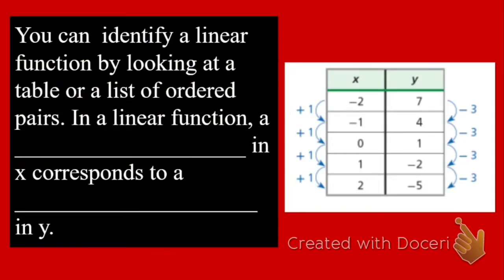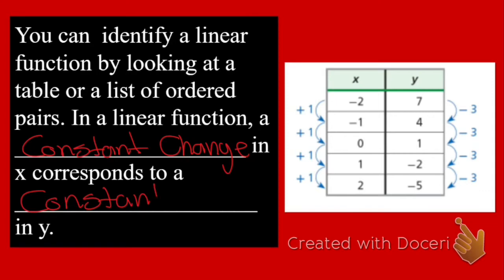Alright, so we're moving on to the next set. In our next set, we're moving on to tables and a list of ordered pairs. You can identify a linear function by looking at the table or a list of ordered pairs. In a linear function, a constant change in the x corresponds with a constant change in the y.